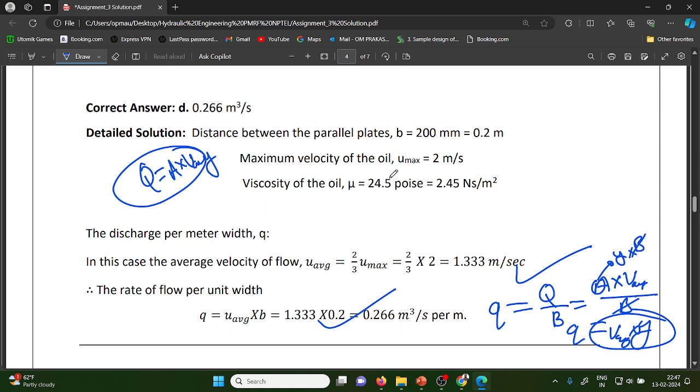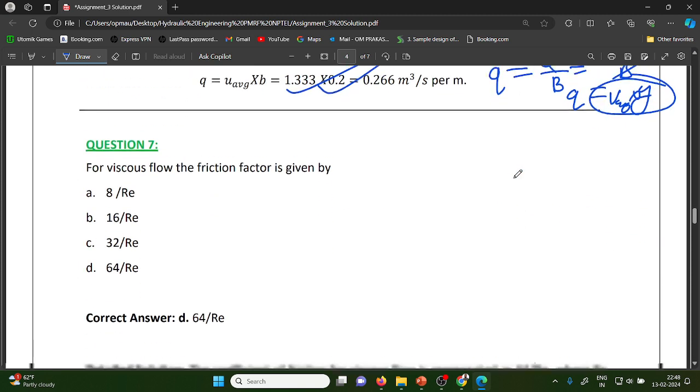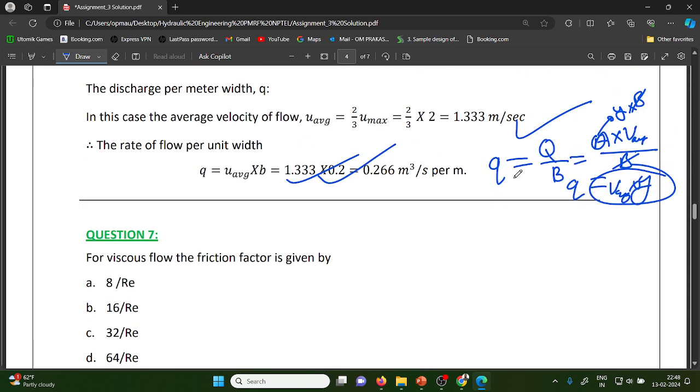Yes, the distance between the parallel plates, here it is written by small b. So this is 0.2, or if I am talking about depth, if it is considered as y, just multiply and get the answer.